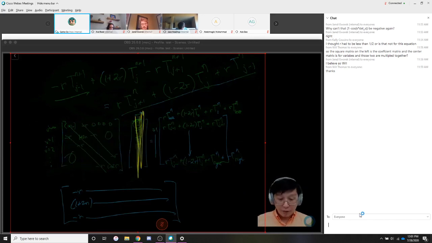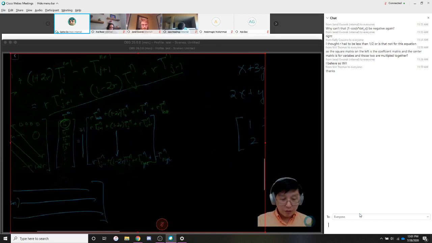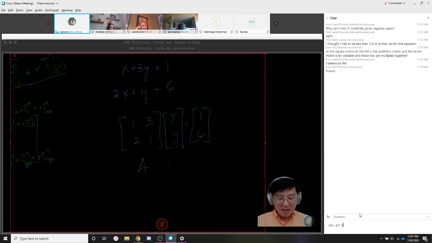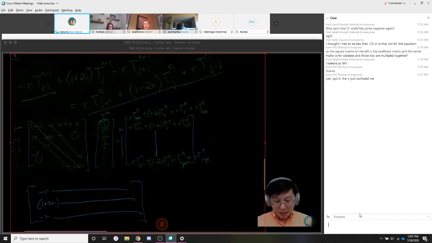This is our vector of unknowns, just like this is your coefficient matrix and that's your vector of unknowns. So usually in high school, I thought it is AX or AV. I don't know what you guys did in high school. AV is equal to B, let's say. So that's what you did in high school, right?